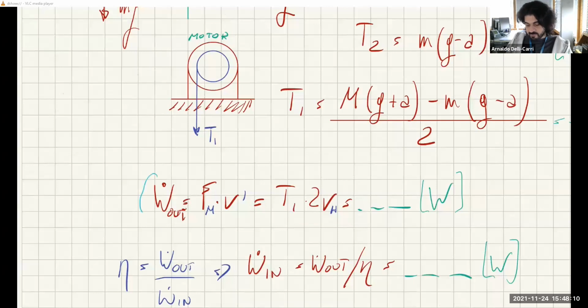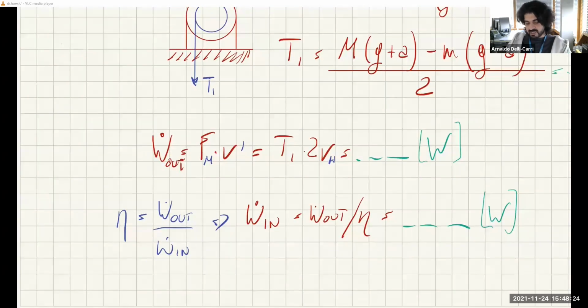And that's the power required from the outside, but in order to overcome the internal friction inside here, we need a power in that comes from the efficiency equation. The power that we need to generate is equal to the power out divided by the efficiency. Since eta is 0.8, dividing by a number smaller than 1 gives a number that is greater.